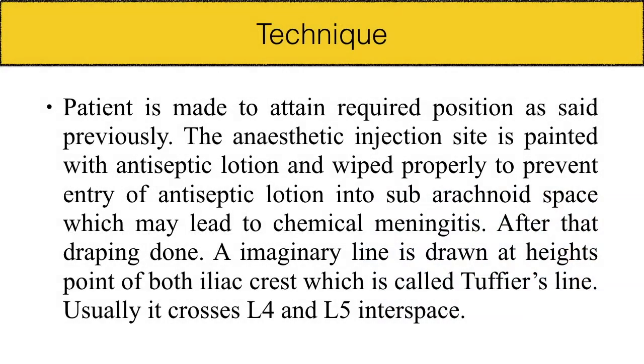Next is technique. How to give the spinal anesthesia. Patient is made to attain the required position as said previously, any one of the positions. Then the anesthetic injection site is painted with antiseptic lotions and wiped properly to prevent the entry of antiseptic lotion into the subarachnoid space, which may lead to chemical meningitis because the antiseptic lotion is an irritant.